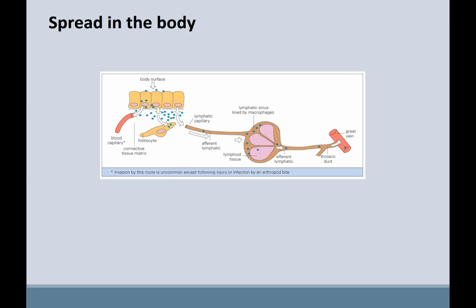So this next slide is really just reminding you about some of the ways pathogens can spread in the body systemically, okay? And we're talking about the blood and the lymph. And I think about the lymph as a lot of other fluids. Probably have heard of lymph nodes.